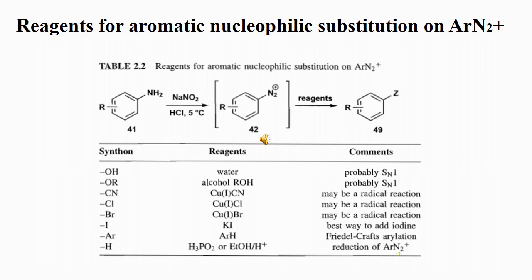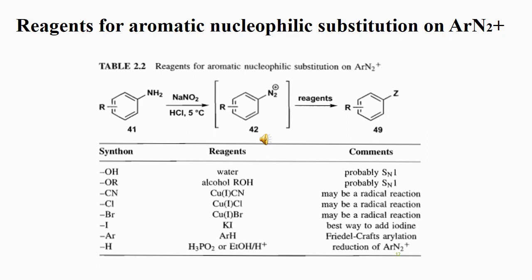Now, as far as reagents for aromatic nucleophilic substitution are concerned, a table is given here after the reaction. The aromatic nucleophilic substitution starts from a primary amine, 41 here, which is diazotized at 5 degrees centigrade.